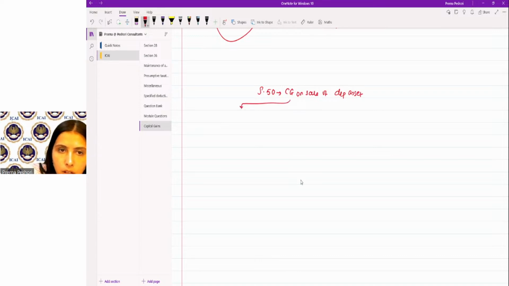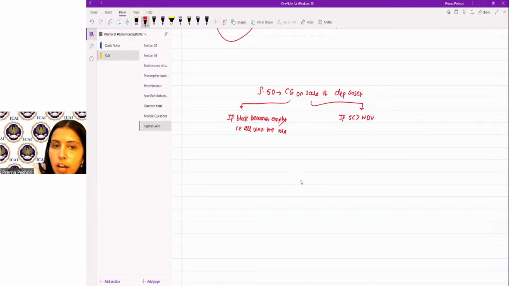So if block becomes empty, that is, all units are sold, or if sale consideration exceeds WDV, then in that case, you have the short-term capital gain under section 50, right?